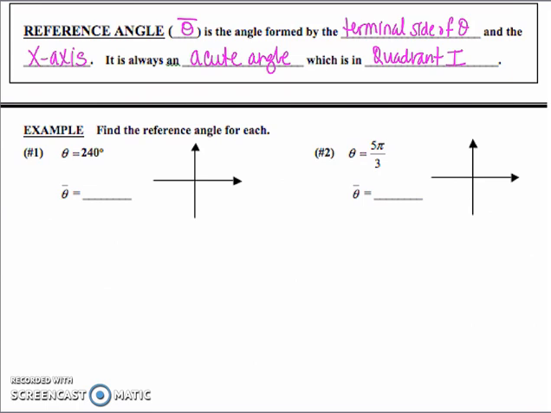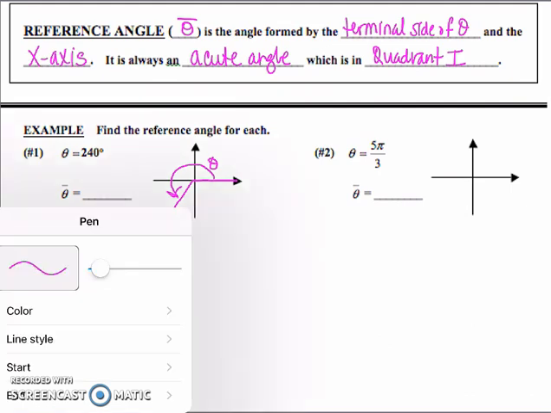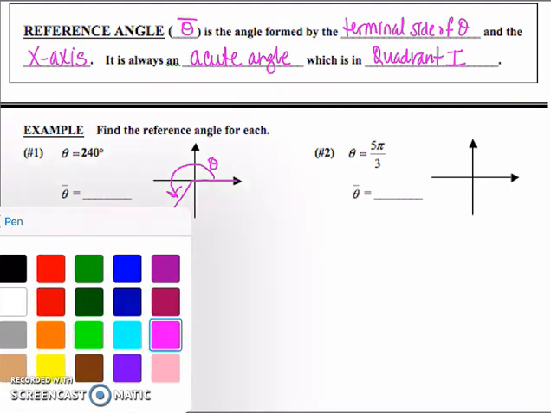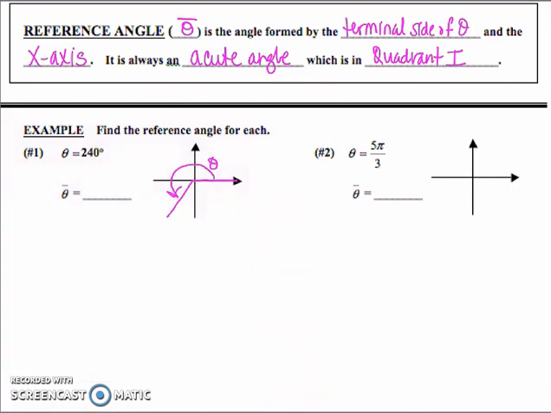Now we're going to do a couple of examples where we are going to find the reference angle for a given angle. And our first example, theta is 240 degrees. Well, 240 degrees is down here in the third quadrant. So here's our terminal side, here's our initial side, here's our angle theta. Okay, so we know that our theta bar, or our reference angle, is just going to be the shortest distance from the terminal side of the angle to the x-axis.